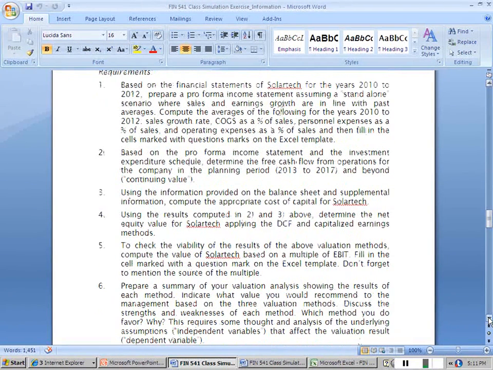What you're asked to do here, though, is to conclude by recommending one of the valuation methods. You pick three, recommend one of them, and then explain why you feel that is the most appropriate method for valuation.